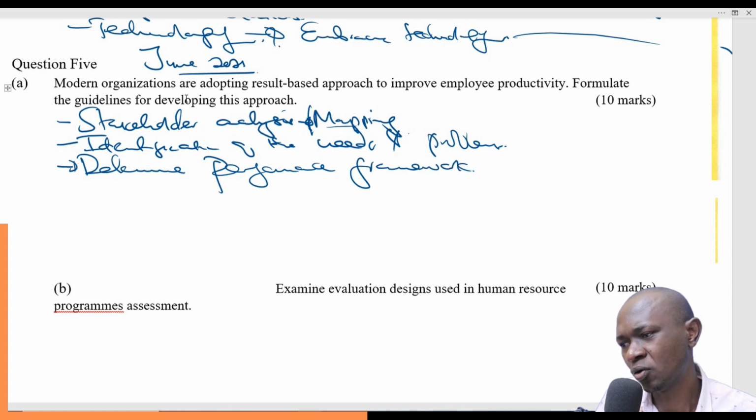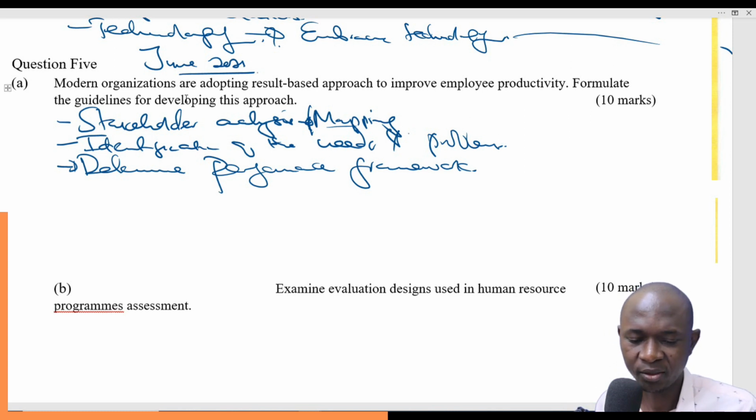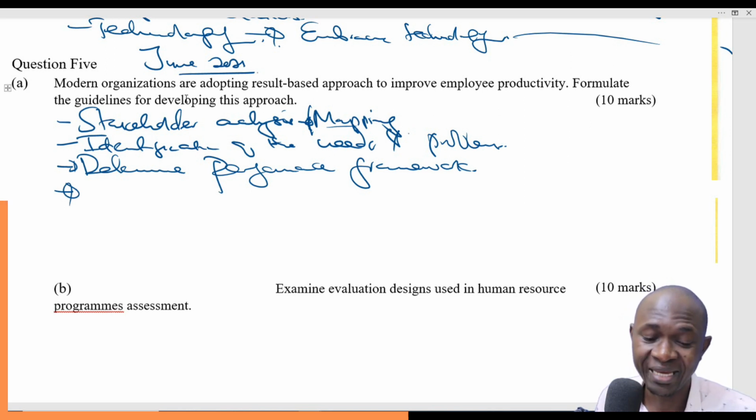How will I go about trying to solve that need or problem? That is the performance framework. Can you come up with a methodology, a way that you are going to use to solve this need or problem? So come up with a framework, and you also need to come up with the indicators.